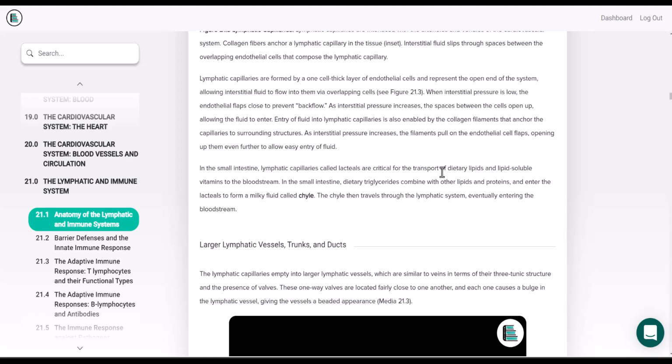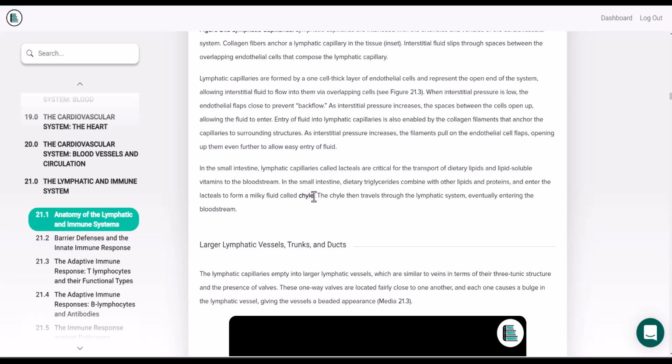Your lipids, the fats that you eat, and the lipid soluble vitamins, remember this is A, D, E, and K, your fat soluble vitamins, they're not able to be directly absorbed into the bloodstream. So your dietary fats and your dietary fat soluble vitamins are instead picked up into these lacteals, into these lymphatic vessels, to form a milky fluid called chyle.